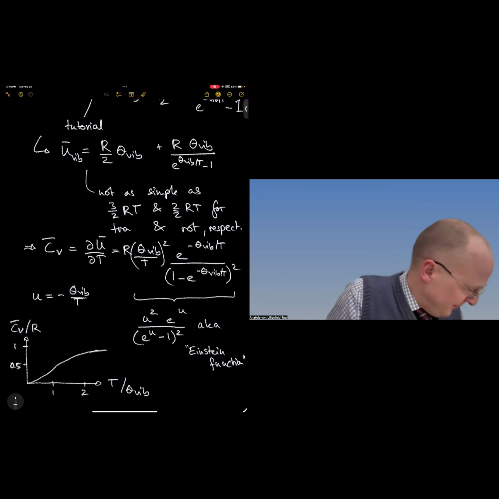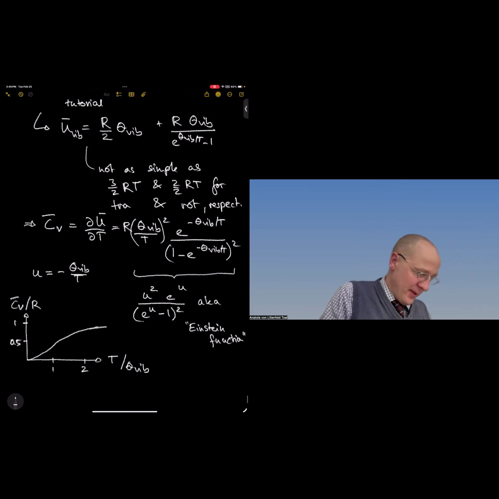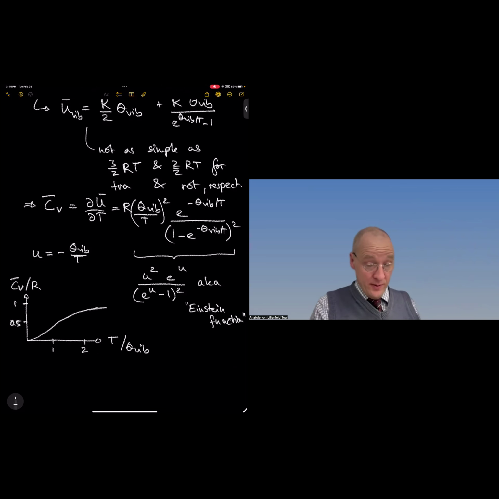And this function gives this behavior, and this was the first time it could be explained, or it matched the experiment for the heat capacity.